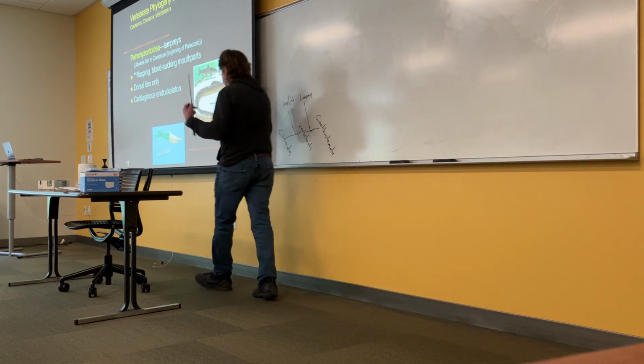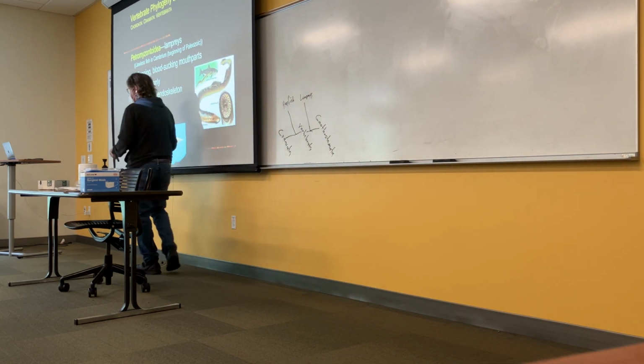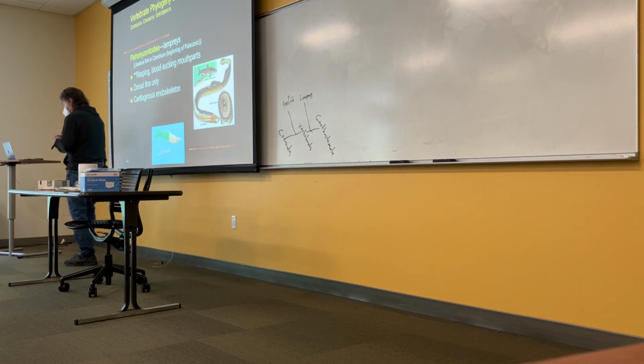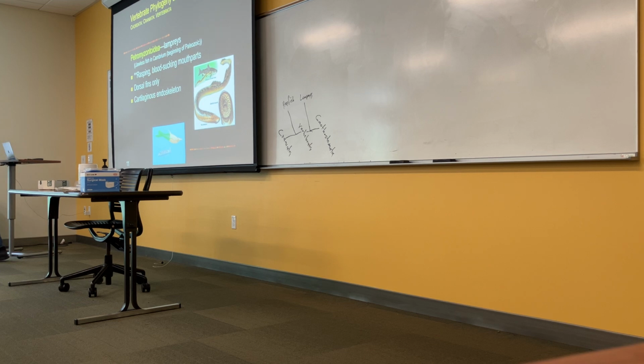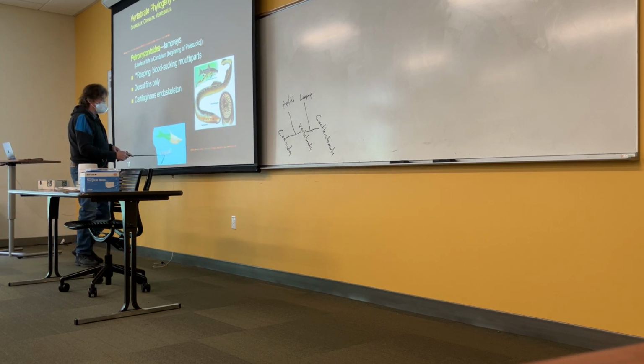But most of the skeleton, when we get further down the road here, is derived from tissues of mesodermal origin. But this is a little bit different. This is from ectoderm. So it's actually developed bone from the epidermis. So they did have these sort of shields on them.